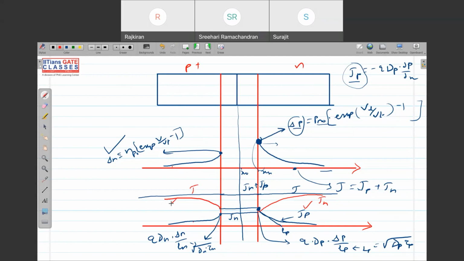This is my Jp in the P region. So this is my Jn, this is my Jp; the total current minus the electron current is the hole current.